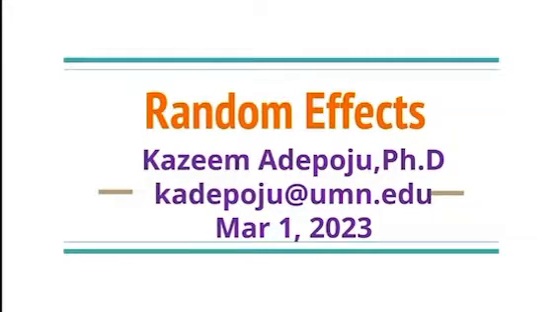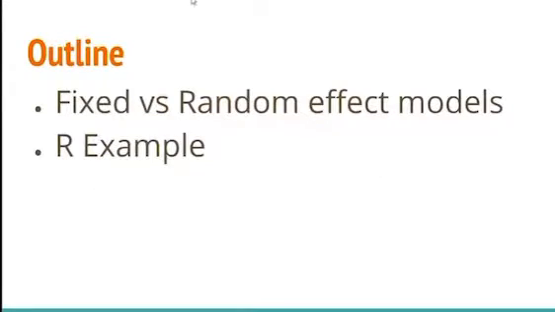Today, I'm going to introduce another version that we call random effects. In today's outline, I'm basically going to talk about the difference between the fixed and the random effect, and I'm going to show you the R example.